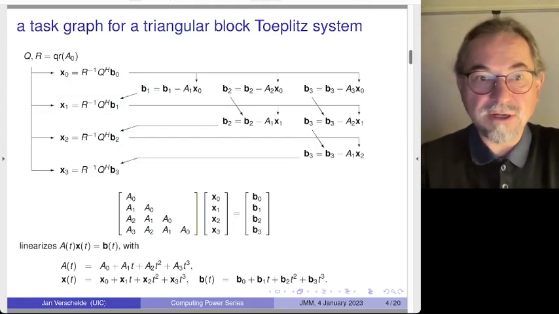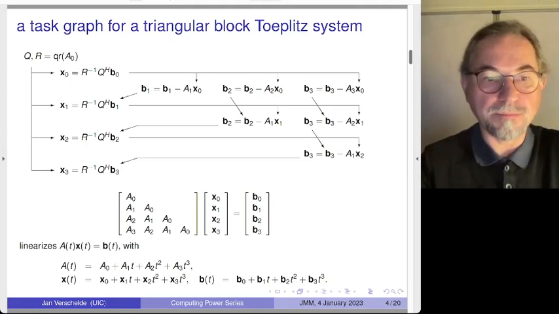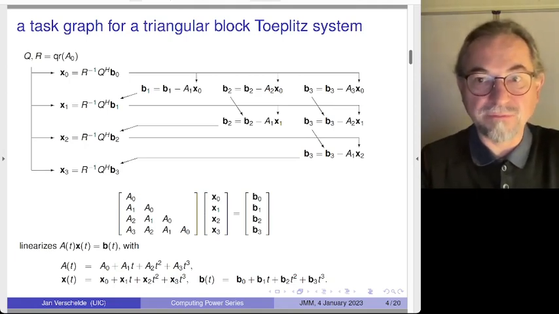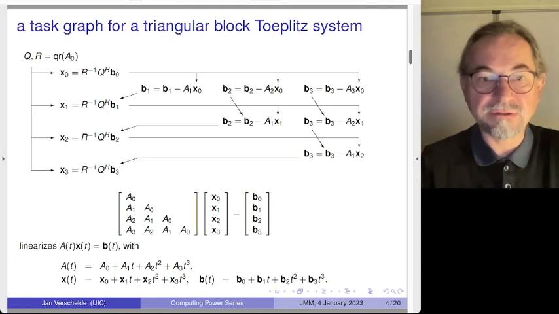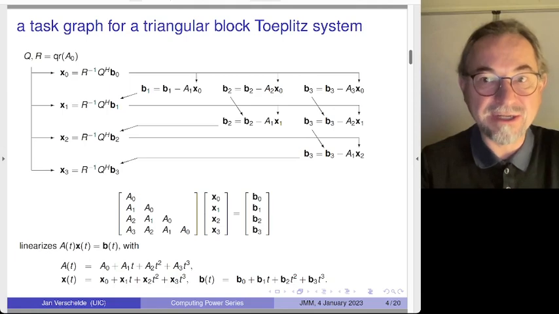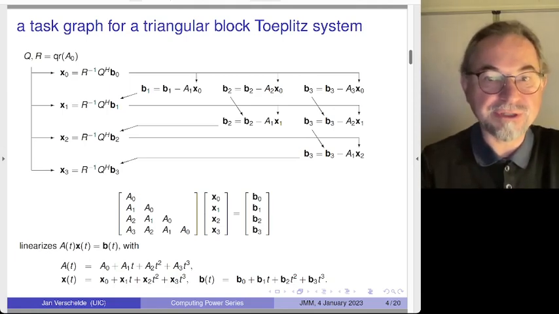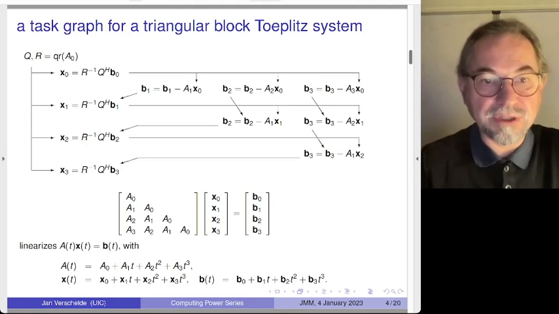Okay, so on this slide is the drawing of a task graph originating after a linearization of our problem. So instead of working with vectors of series and matrices of series, we look at series where the coefficients are vectors and matrices. That leads to the triangular block Toeplitz system.